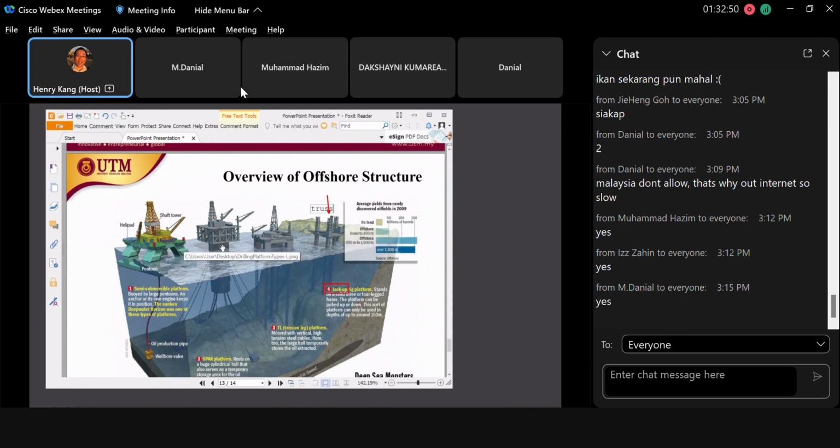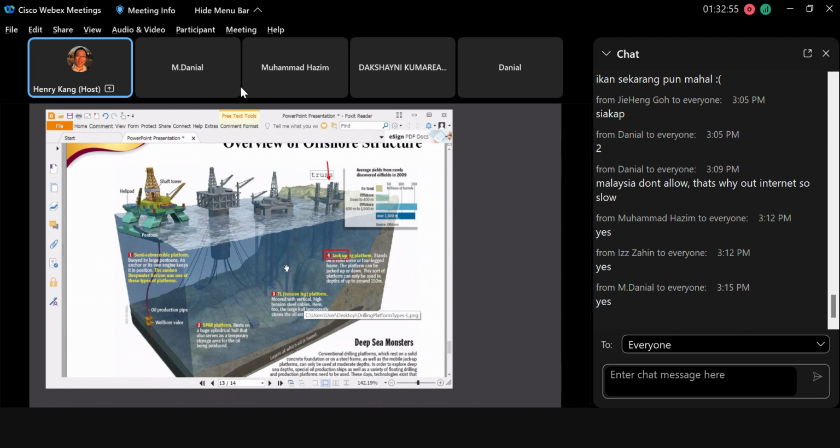Compared with that, the other three types are floating structures. Take the TLP, or tension leg platform.